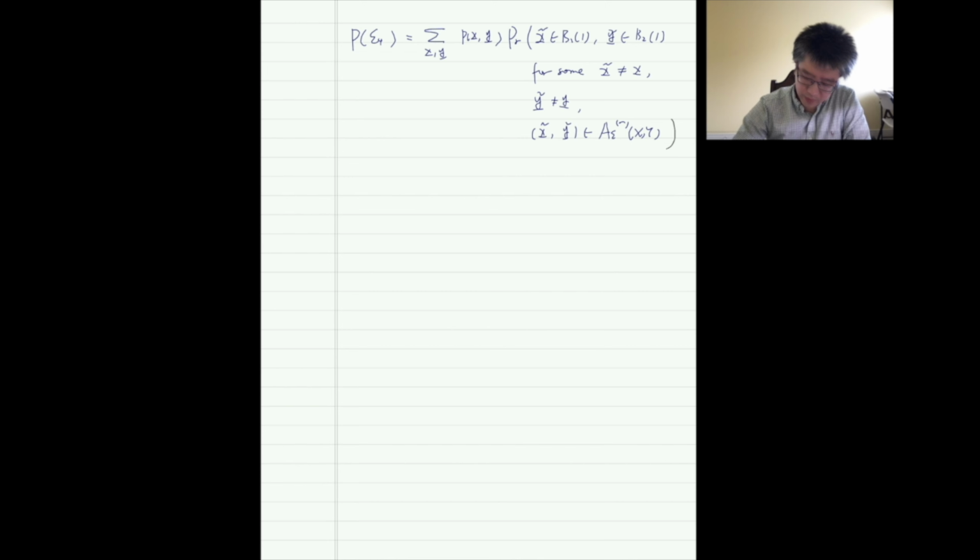Very good. The next step is to compute the probability of this event.